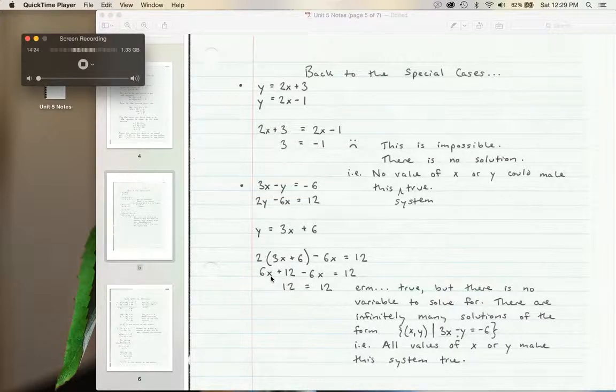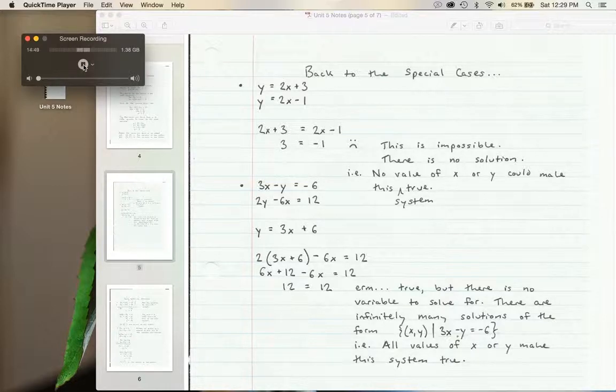I could plug in any number for x here. I could plug in 42, I could plug in 12.7. It wouldn't matter because these variable terms are canceling out to give me a true statement. So all values of x or y that satisfy this first equation will make the system true.